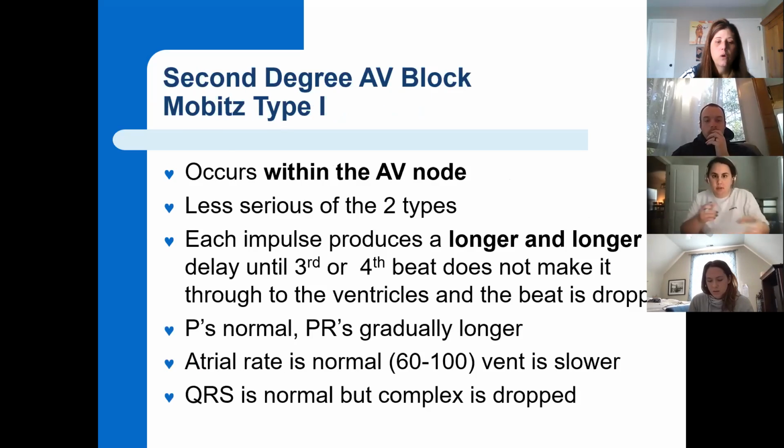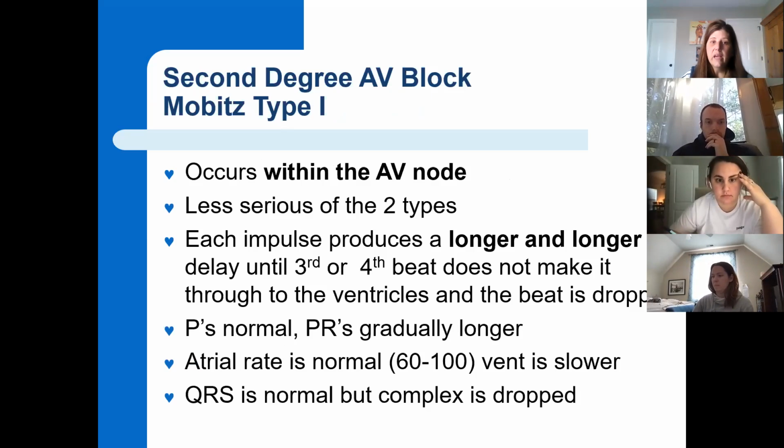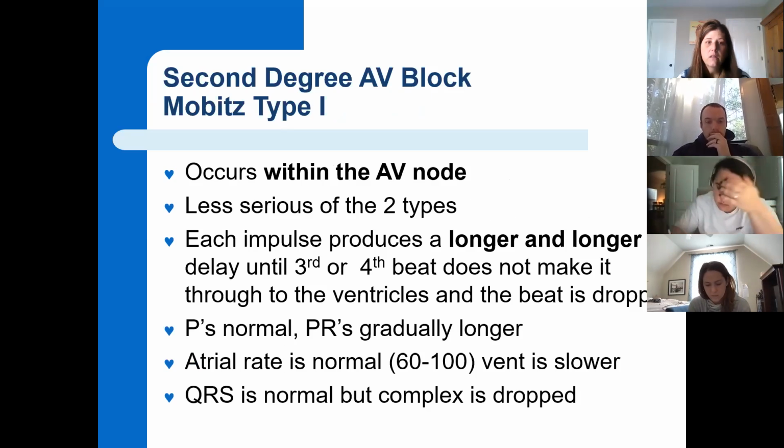Here we go. So, second degree, type 1, okay? This is occurring within the AV node. It is less serious than second degree, type 2, okay? And the impulse is going to take longer and longer until you have a beat that doesn't make it all the way through the ventricles.